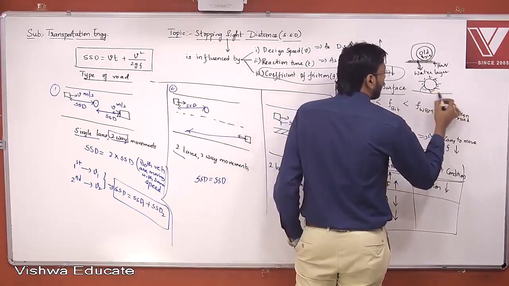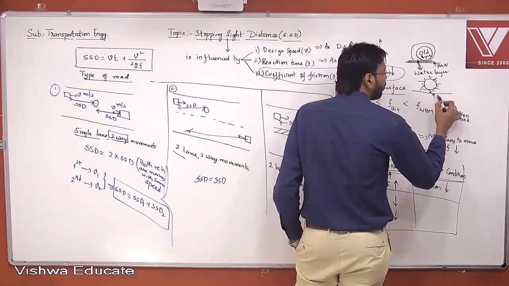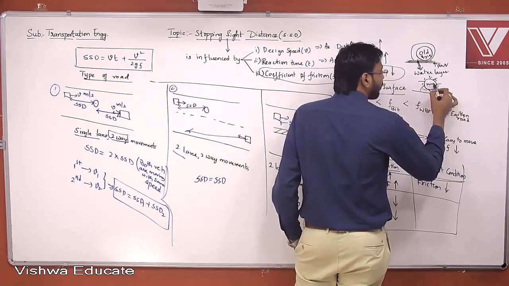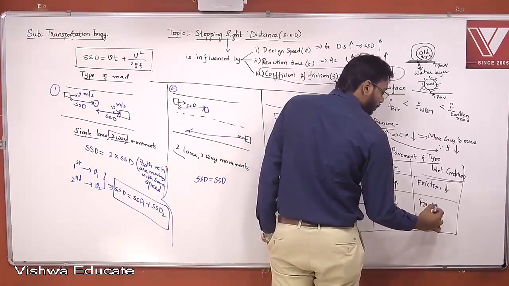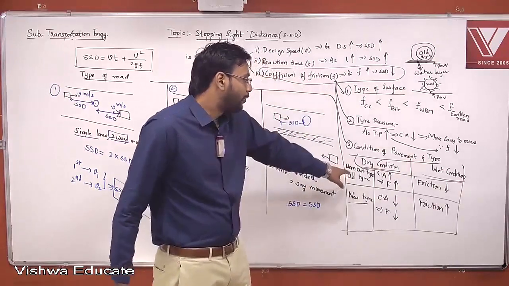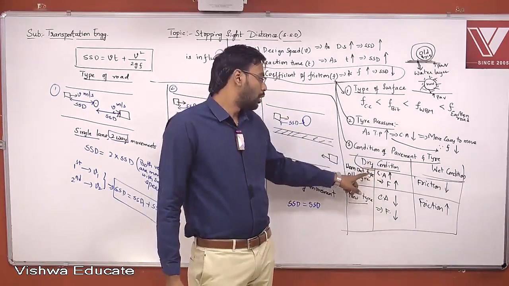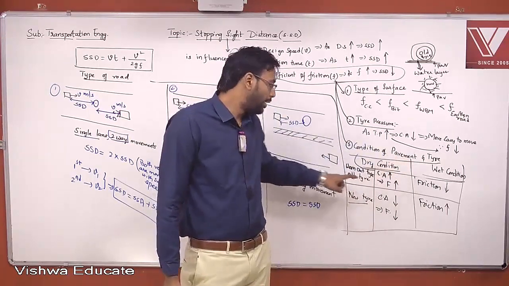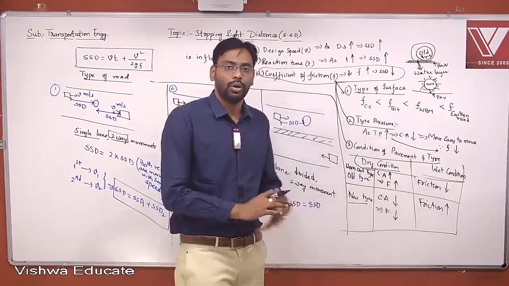So this will enable the tire to move on the pavement, right? So friction will be more. So for a dry pavement and for a wet pavement, and for old tire and new tire, this is how the friction is going to vary.